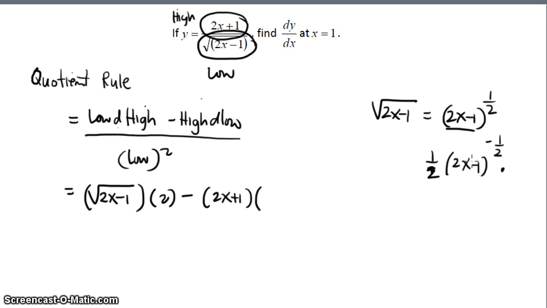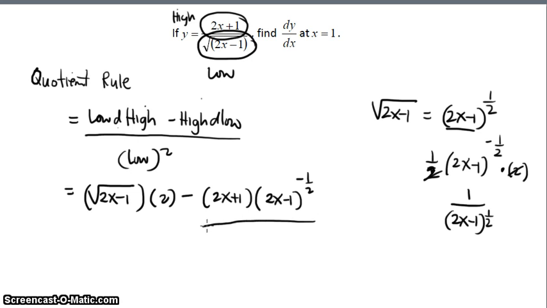The derivative of 2x minus 1 is just 2. If you simplify, this 2 will cancel with the 1/2, and this is equivalent to 1 over (2x minus 1) raised to positive 1/2. But for the meantime, we can just use (2x minus 1) raised to the negative 1/2.